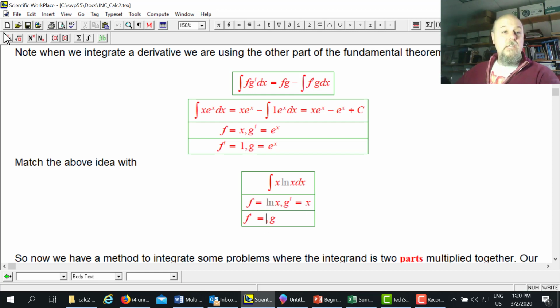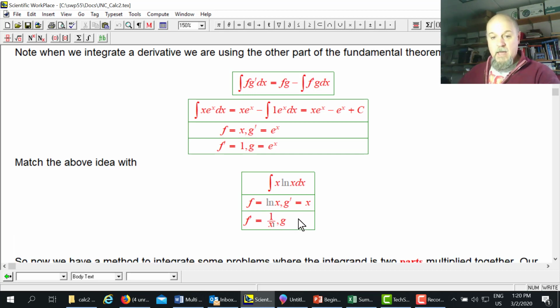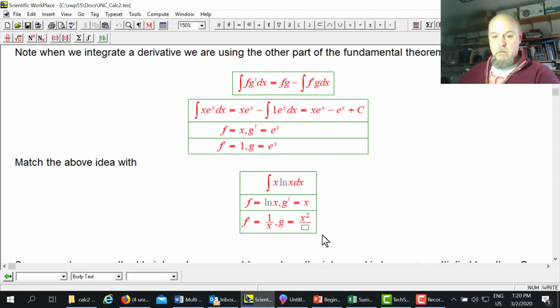If I differentiate the ln x, it's 1 over x. And if I integrate the x, yeah, I can do that. That's going to be x squared over 2. So I chose for the part I'm going to differentiate the ln because I could differentiate it.